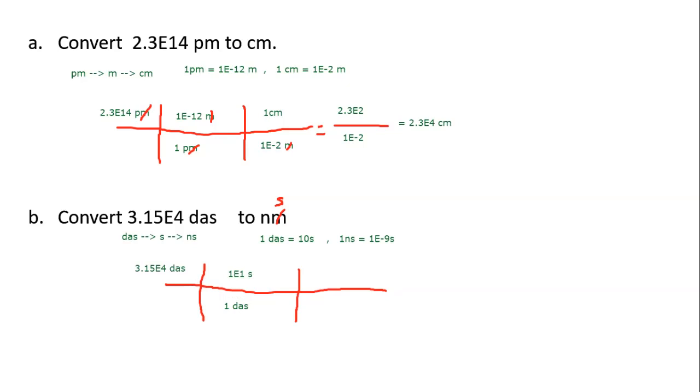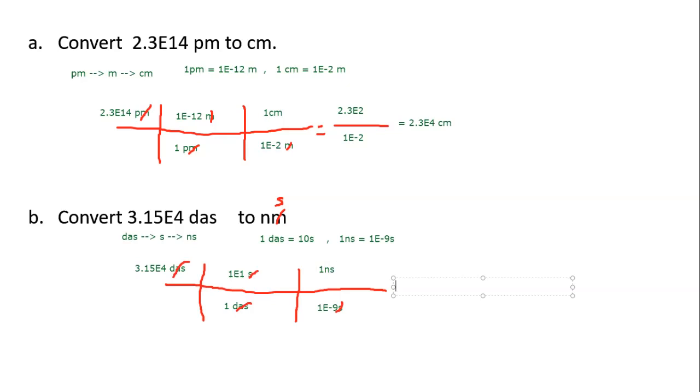So now we have seconds. In the next slot, since we're going from seconds to nanoseconds, we put seconds on the bottom and nanoseconds on top. And now you'll notice everything cancels out except nanoseconds. And so here when we multiply, we add exponents.